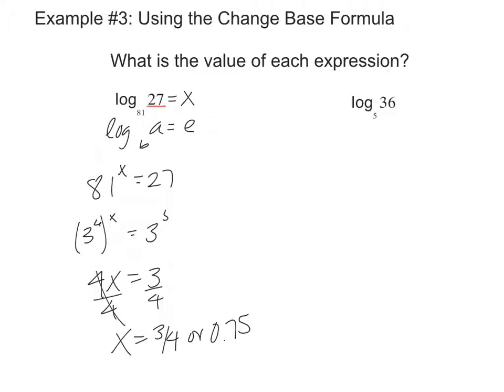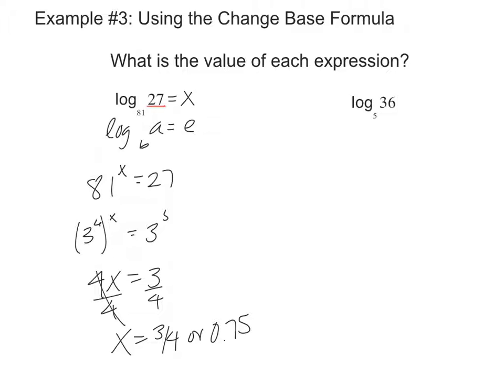If you typed log of 27 into your calculator and divide that by log of 81, you will get 0.75. So because it shares a common base of 10 and it also shares a common base of 3 on the other one, it works, okay? But you'll see in the second one we don't have a common base, so our only choice is to use the change of base formula.